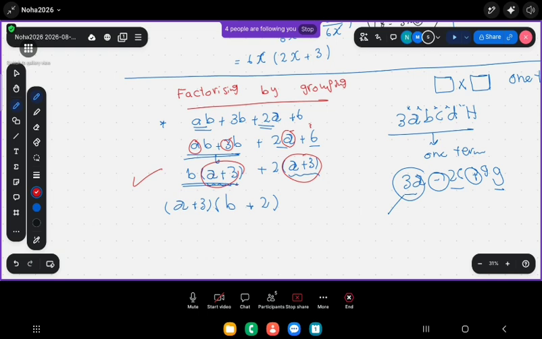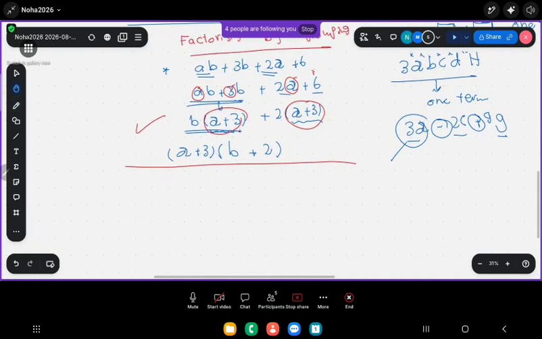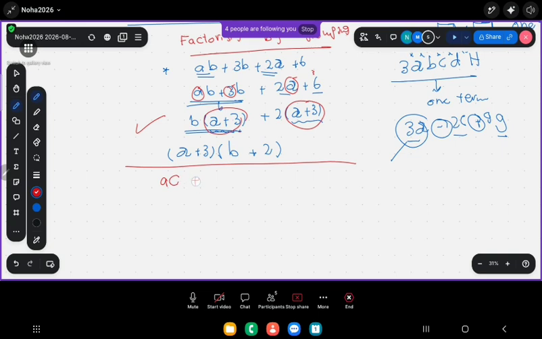Let's start to solve another one. Another example. Are you ready? If you have AC plus 2A plus 5C plus 10. Who is ready to solve it with me? If I take AC and split it into AC plus 2A, this is the first group.